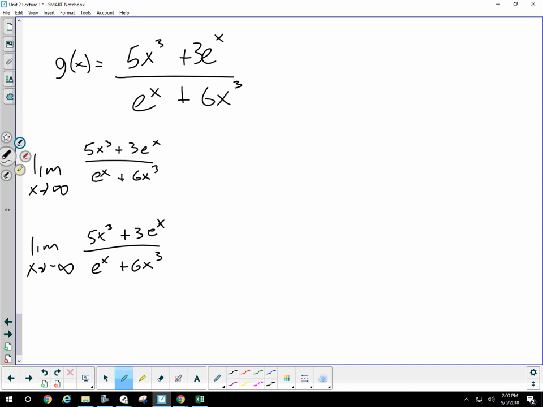If you just got 3, you're missing the other side of things. I don't think I've seen anybody get both of them yet. Zero is not the answer. 3 and 5/6 is the answer.